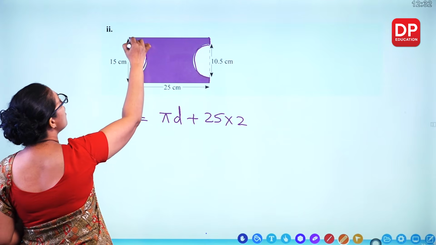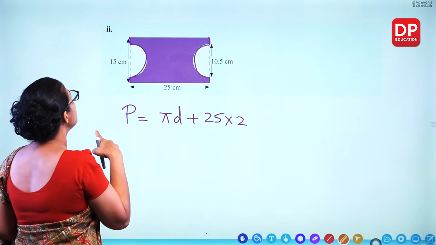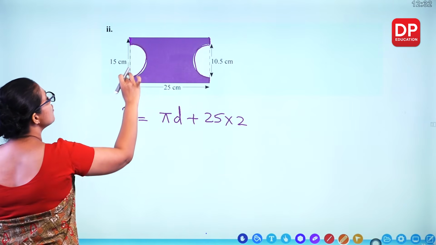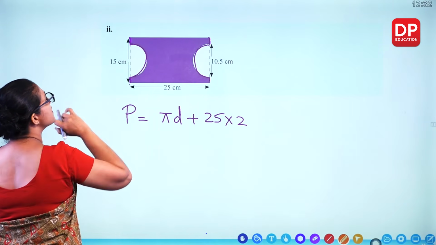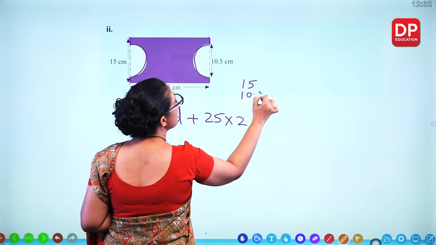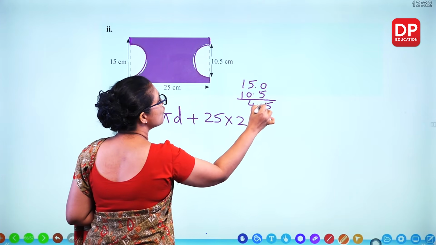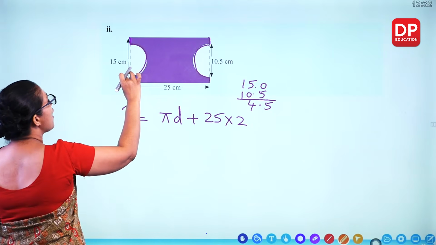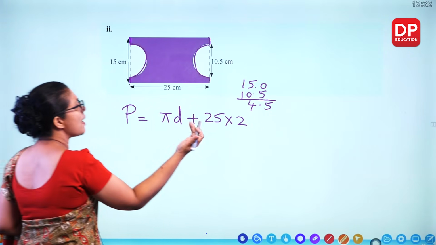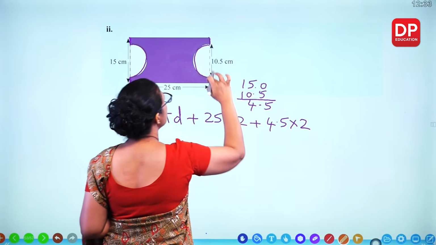And then what's the small distance? 10.5 and 15. When you subtract, you get these two parts. So 15 minus 10.5 is 4.5. So 4.5 means these two, so multiply by 2 to get both sides' length.